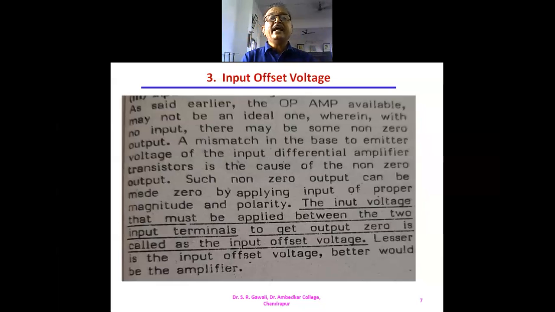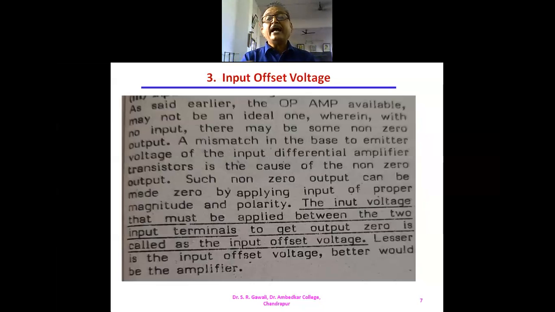And such input applied between the two input terminals of the operational amplifier is called the input offset voltage. ऑफसेट मींस ऑपरेशनल एम्पलीफायर को ऑफ करना है. आउटपुट शुड बी द जीरो. That is nothing but input offset voltage.